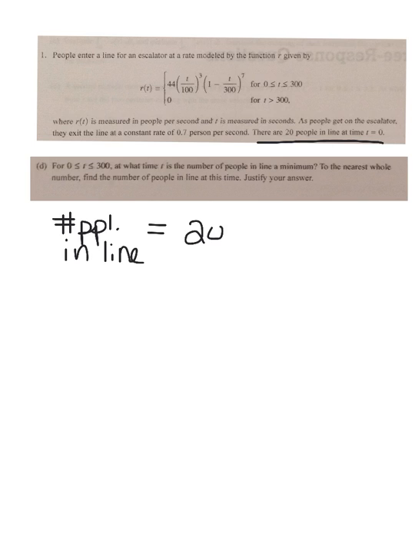So that would be 20 plus the integral from 0 to 300 of the R of t equation minus 0.7, right? Rate in minus rate out. Okay, dt. And that would be my start, right?